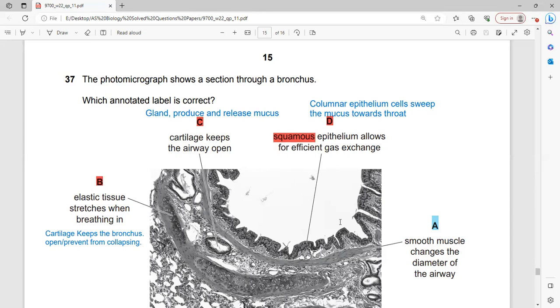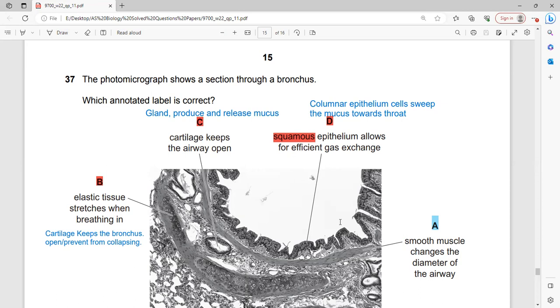So this gland produces and releases the mucus, while D is the columnar epithelial cells sweeping the mucus toward the throat. So it also keeps the mucus away from the breathing tract. So these are columnar epithelium cells, not squamous epithelium cells. That's wrong. So A is the correct option.